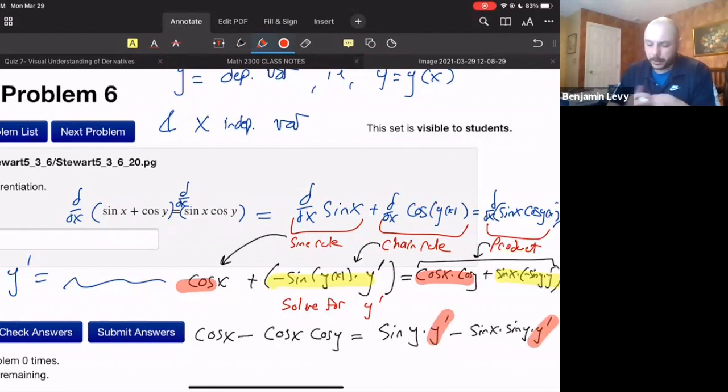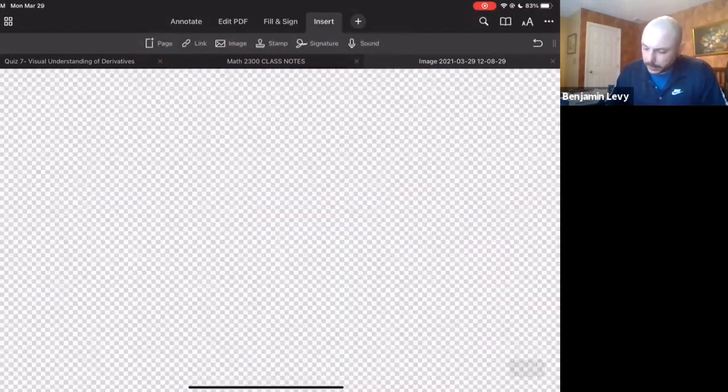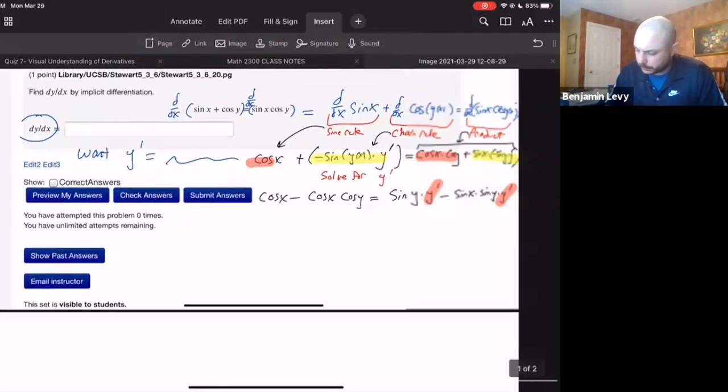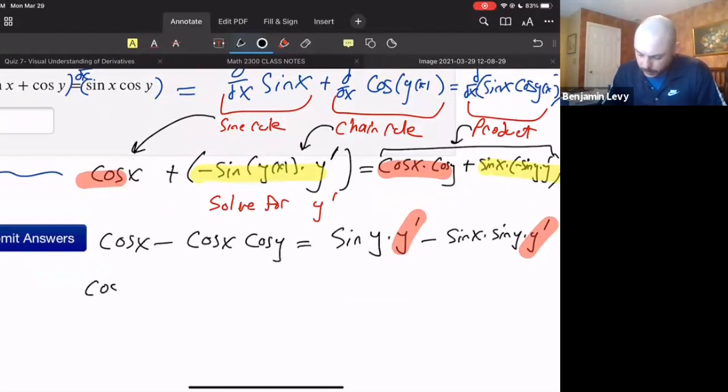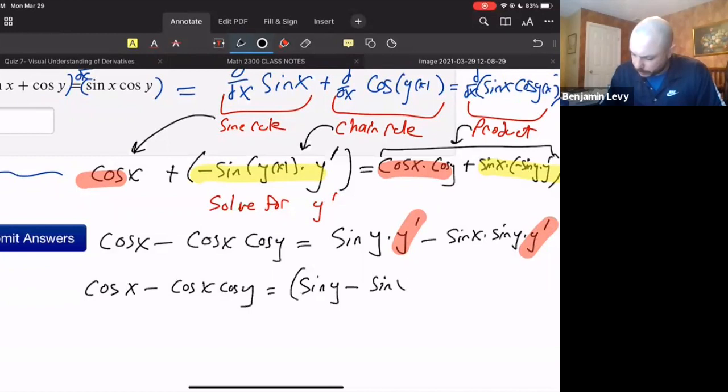So factor out the y prime, add it to the other side. Oh, I had more room than I thought. Okay, I don't need that other page. So this side stays the same. I'm going to factor out the y prime. Right. And if we want an expression for y prime, we just divide that stuff to the other side.